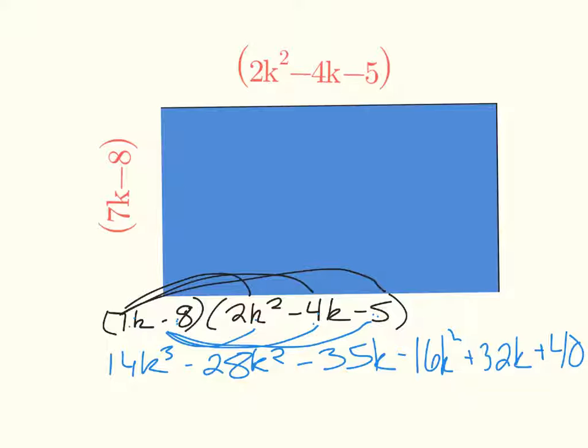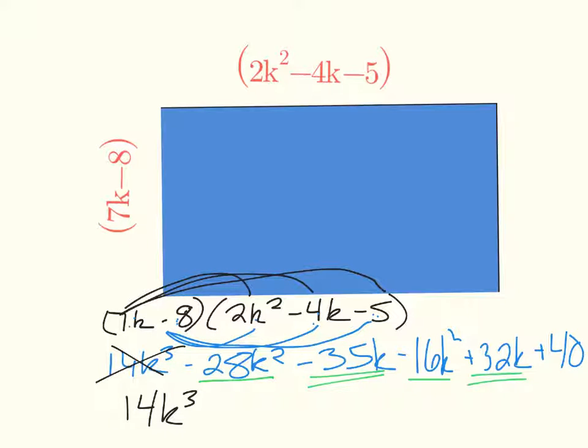Okay, we got some like terms here. We have a lot to combine. The k squareds combine, and then your k terms combine to get 14k to the third, because that's alone.